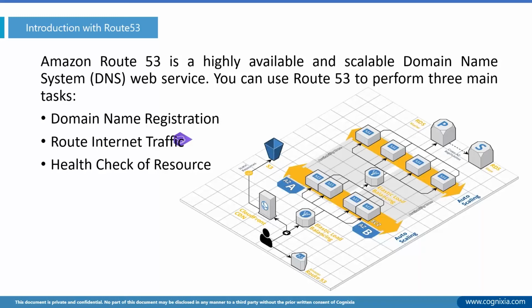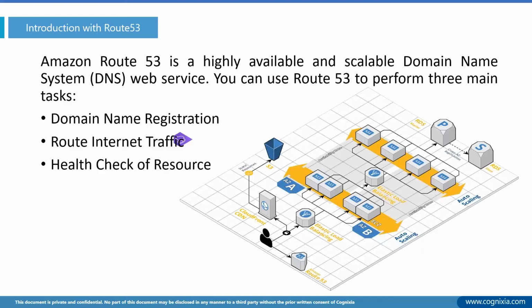So you can use Route 53 as a DNS service for your domain, such as abc.com, for your organization, and you want to maintain the hosted zones or resource records for them. Definitely you will use Route 53.